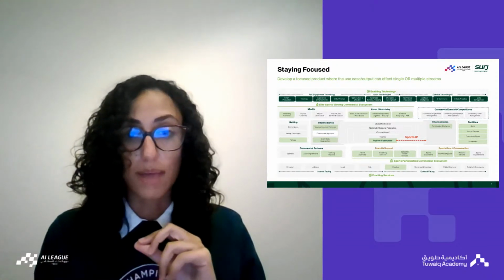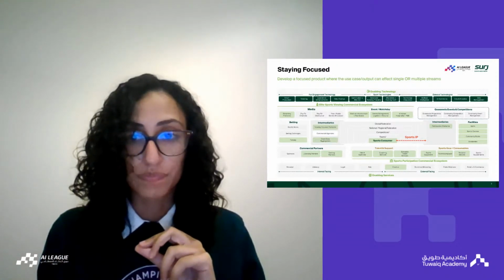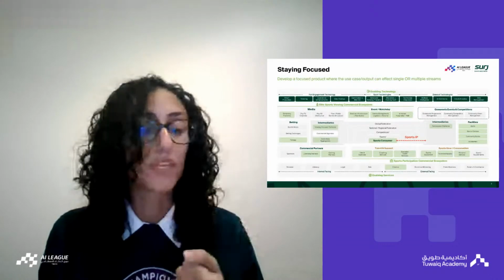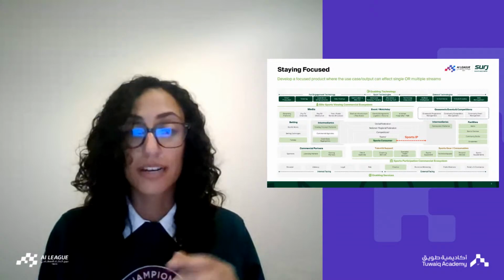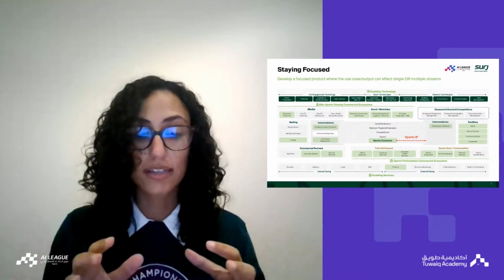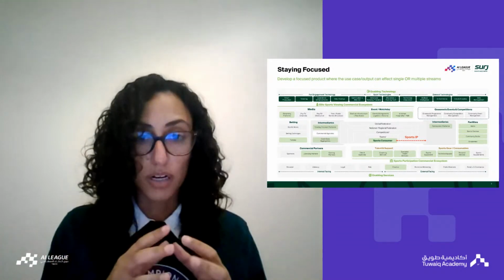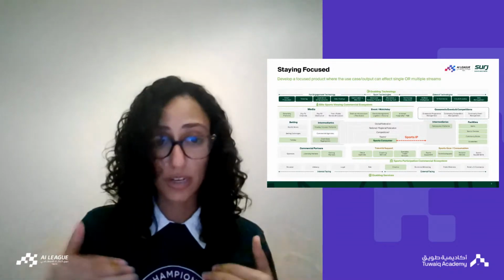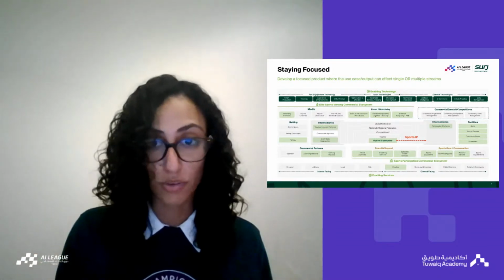So I'm not going to necessarily go through this in detail. We will share this later. However, it is important for you to recognize that you don't have to build a product that addresses all of this at once. That's actually the opposite of what we would recommend that you do.